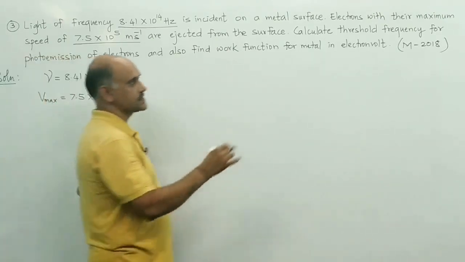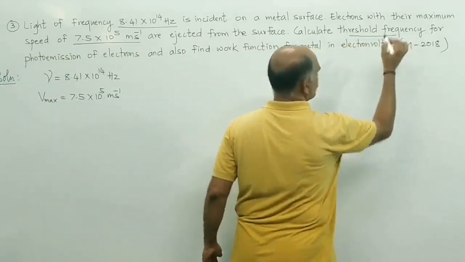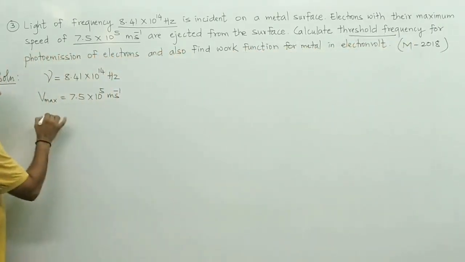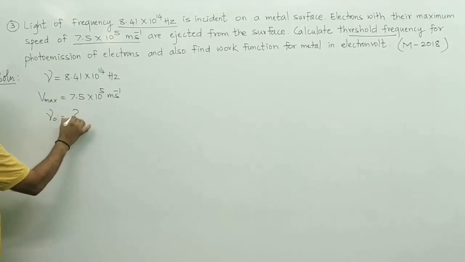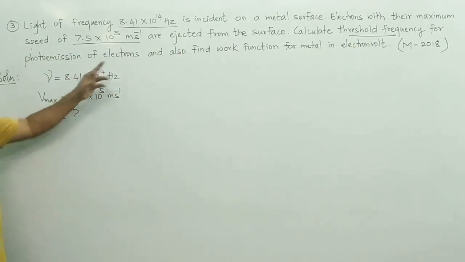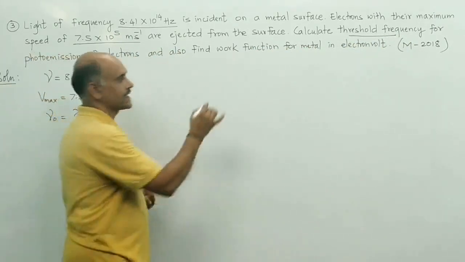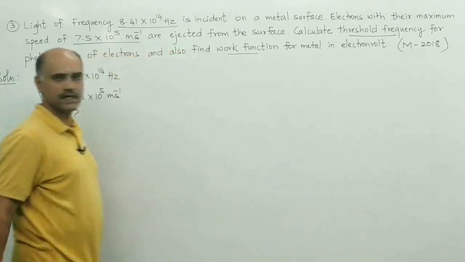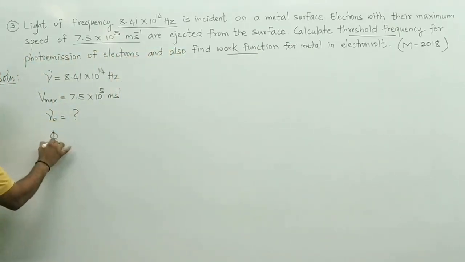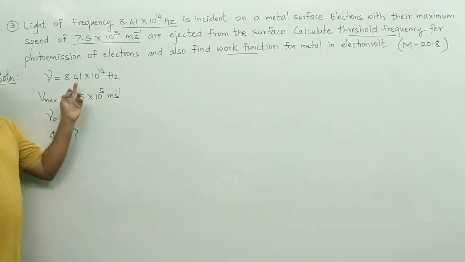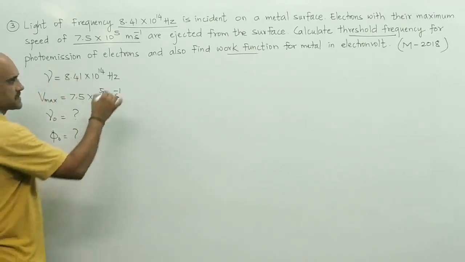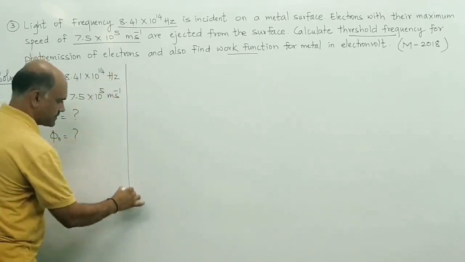He has asked us to find threshold frequency, means you are required to find nu naught, and work function in electron volt. Now again we will follow the same steps in which we have solved the last two problems.